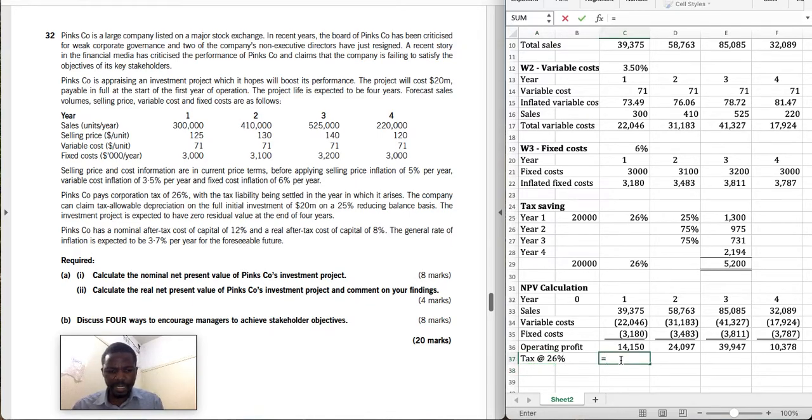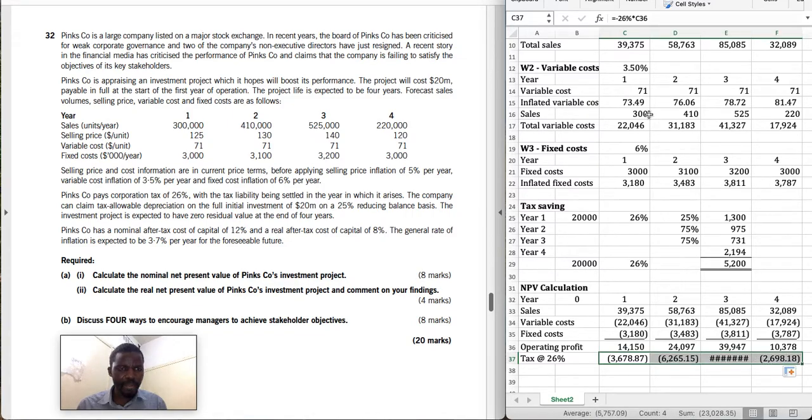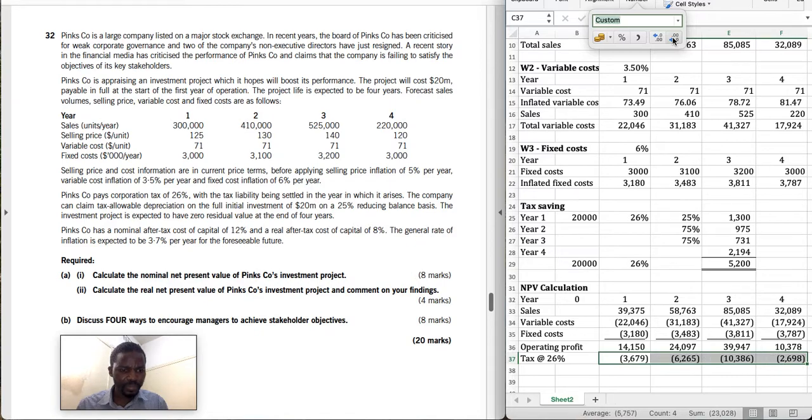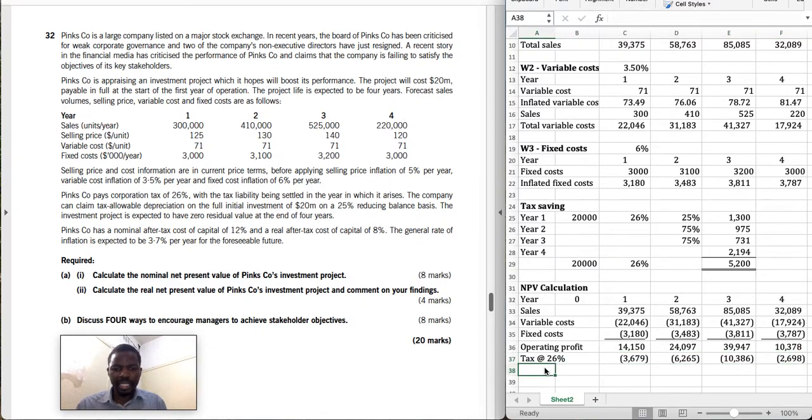Then we'll say minus 26% multiplied by operating profit for year 1. Then we copy the formula up to year 4. Then we have our tax saving. Our tax saving, we copy it from our working number 4.